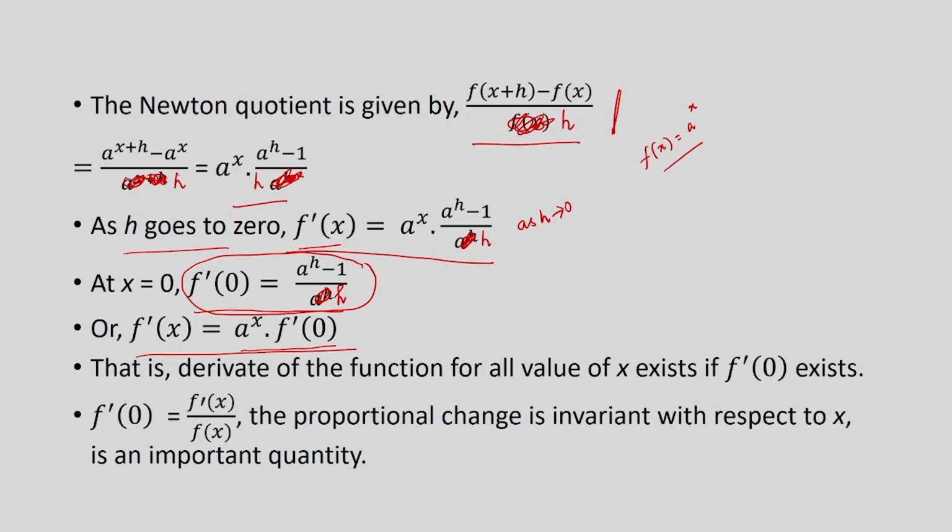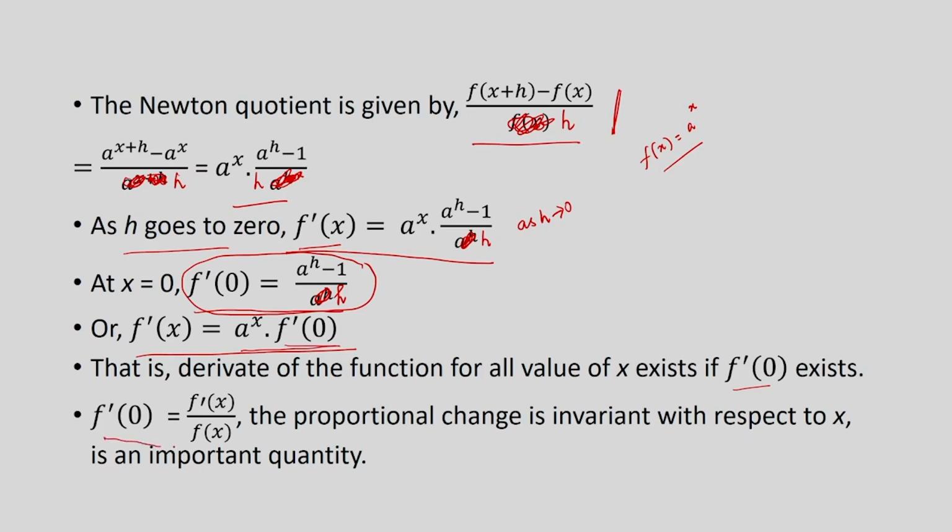Now this is a very important relation, and what it means is that the derivative of the function for all values of x exists if f dashed of 0 exists, because f dashed of 0 is appearing on the right hand side. As long as f dashed of 0 is there, f dashed of x exists.